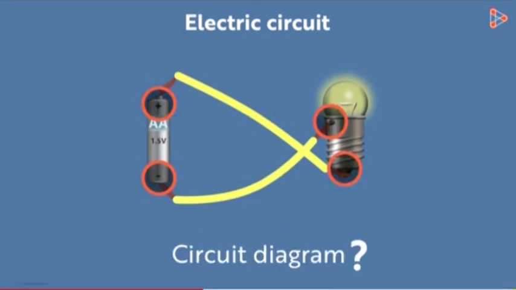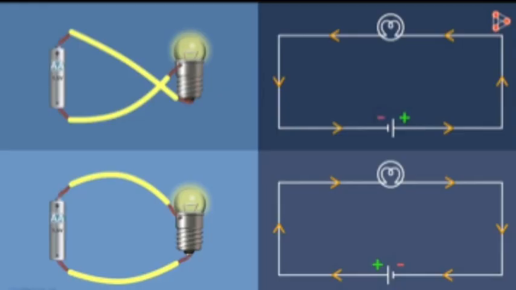Now if we want to draw the circuit diagram of this electric circuit, what will the diagram look like? Now let's see the circuit diagram of this electric circuit. So this is the circuit diagram. Compare it with the previous one. What we have done is just reverse the direction of the battery. As a result, what happens?